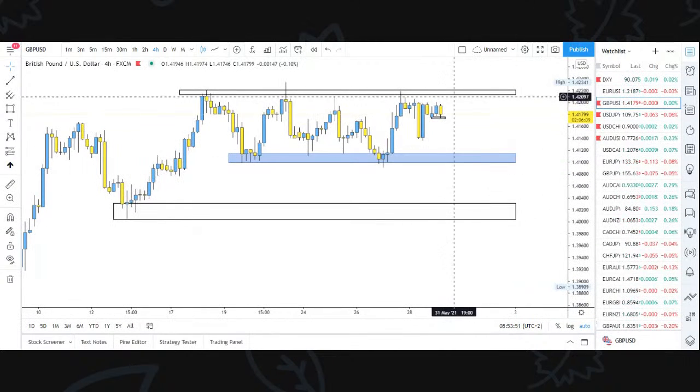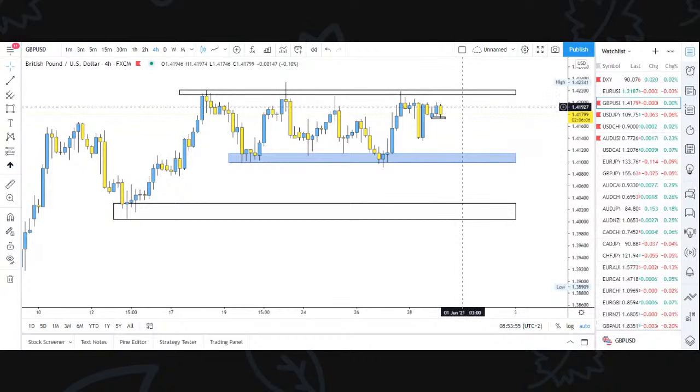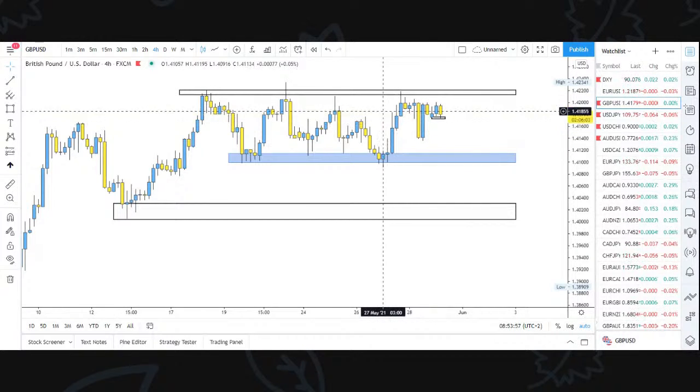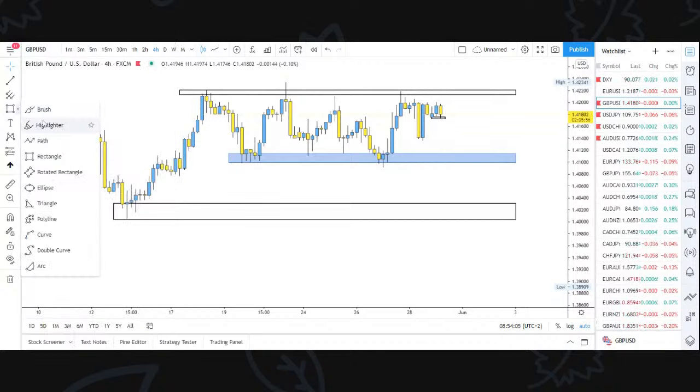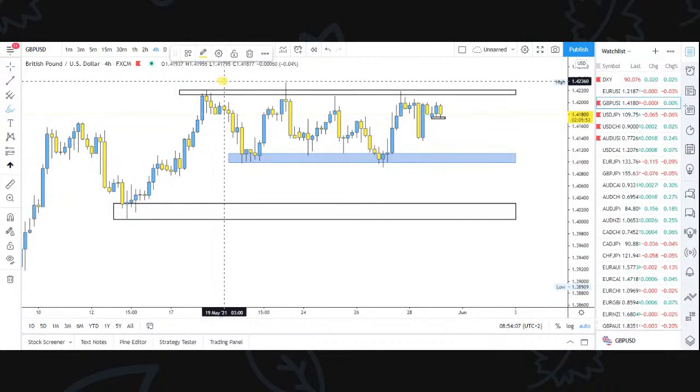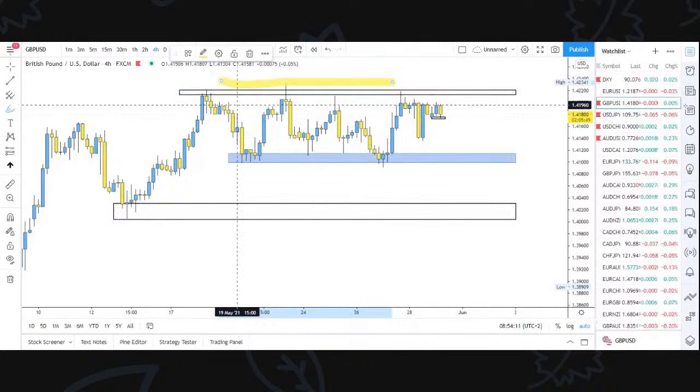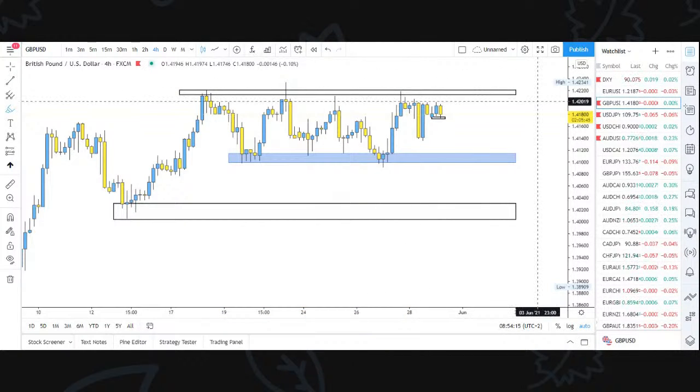what I could see happening is a breakout or a fake out and then possibly coming back in just to take out stops. But what I can definitely see is this. Let me use my highlighter tool. This right here, all of this getting taken out over the next day or two, possibly. Now, I'm not a genie.